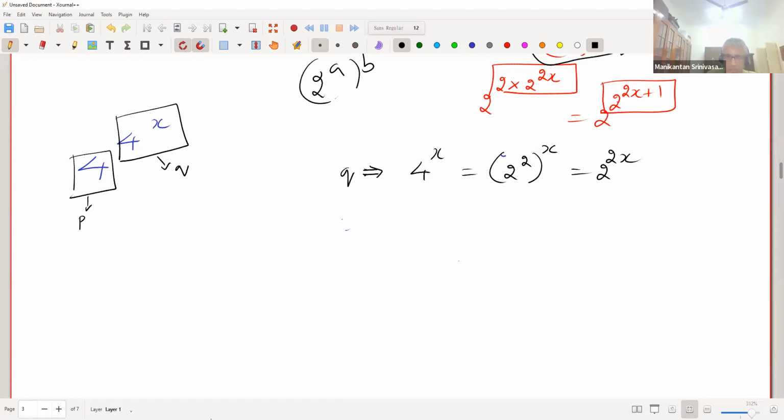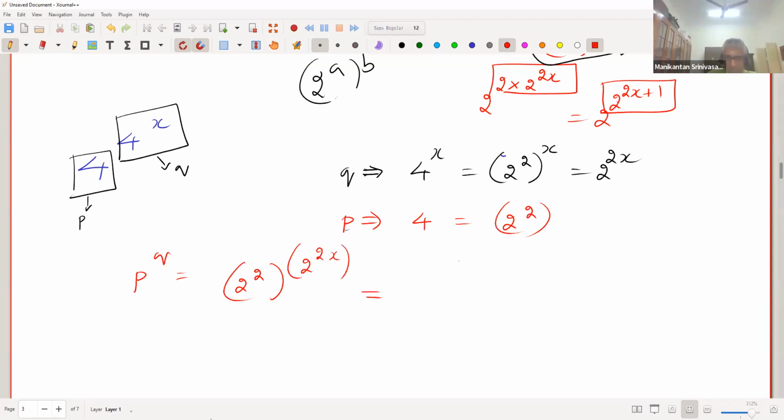Similarly, the other portion, which is P, is just the number 4, which I can replace as 2 power 2. And I'll safeguard it with a bracket here. Now what I want is P power Q, which means I want 2 power 2 power 2 power 2x.